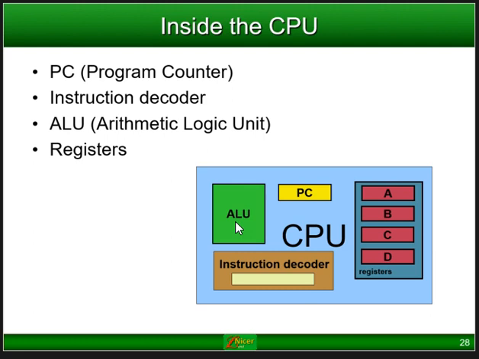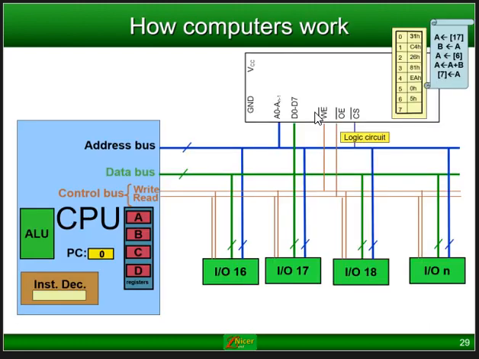If I want to AND two values, the ALU will do that, etc. Any arithmetic logic functions will be executed by the ALU. Registers, in any microcontroller, you will definitely find registers, like in this case A, B, C, D, and depending on the microcontroller, you can have quite a lot of them inside your microcontroller or microprocessor.